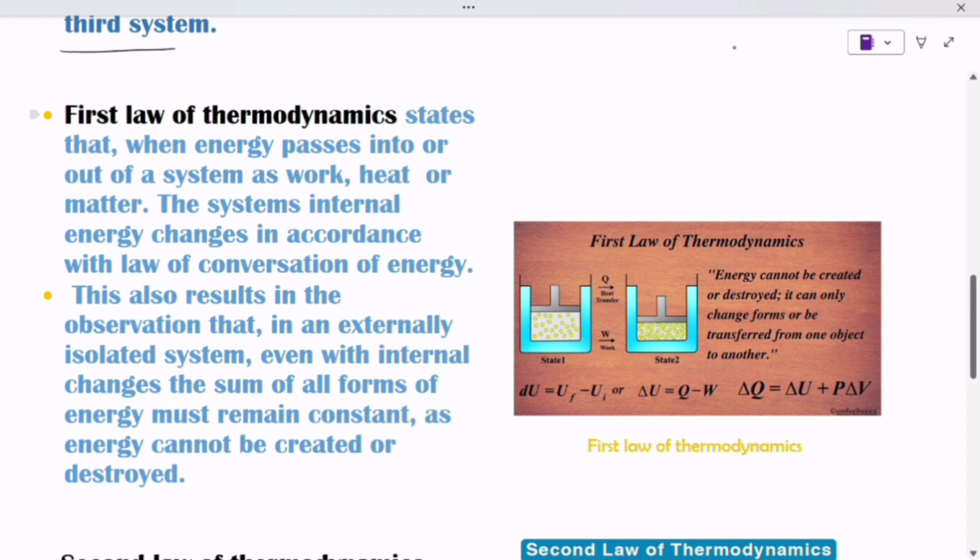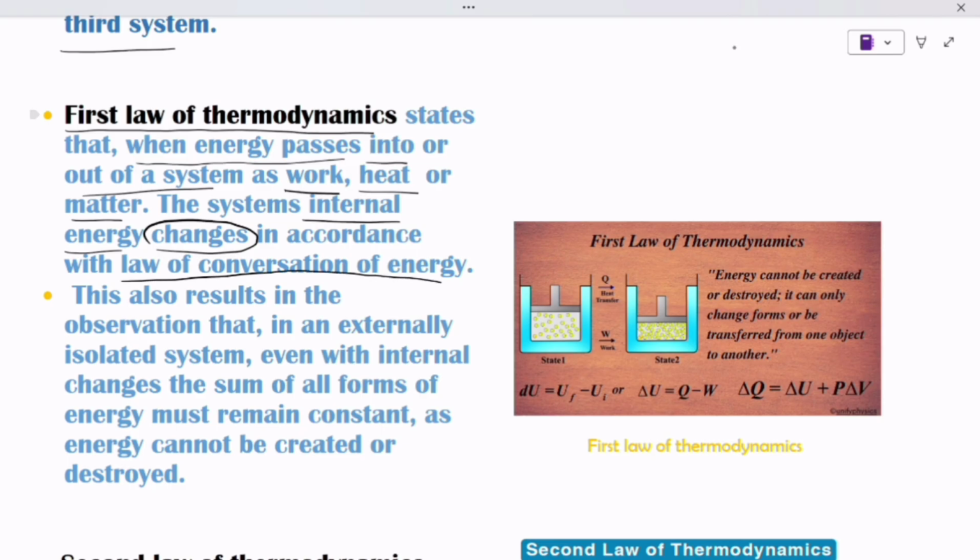Here I am discussing the first law of thermodynamics. It states that when energy passes into or out of a system as work, heat or matter, the system's internal energy changes, in accordance with the law of conservation of energy.